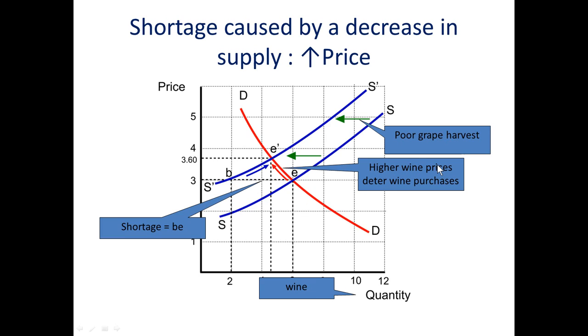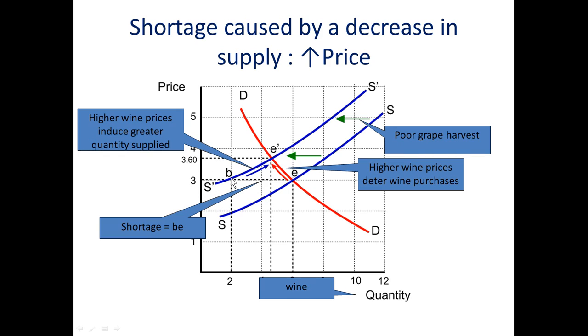Higher prices will deter some people from buying wine. On the other hand, high prices will induce some suppliers to supply more wine. For instance, they may shorten the vintage process, in other words, sell their wines before their peak because they want to make a little bit of money, or they may even import wine.